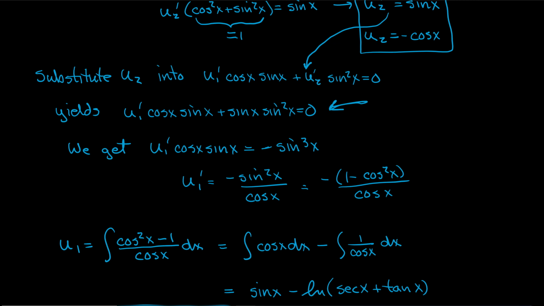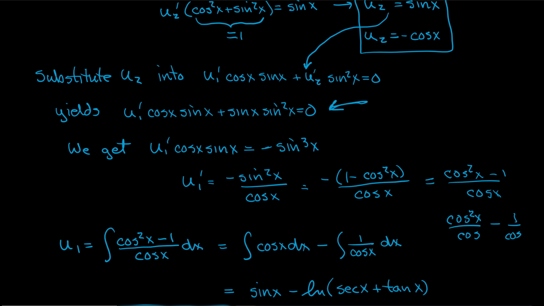Factoring out the negative, remember that sine squared is 1 minus cosine squared, over cosine. This can be rewritten as cosine squared of x minus 1 over cosine. Now, this will simplify into cosine squared of x over cosine minus 1 over cosine.